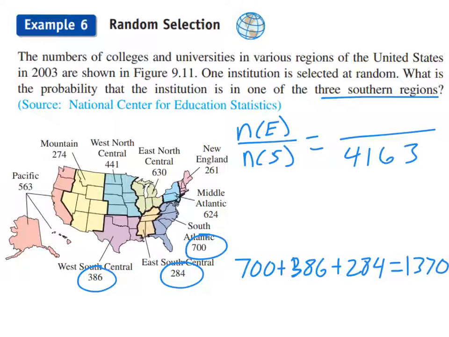Okay. So the event that I'm referring to is selecting one of those schools. That's the number of ways this event could occur. If I pick one of those 1,370 universities, the probability that I pick one of those is the ratio of those 2 numbers, which is about 0.329.